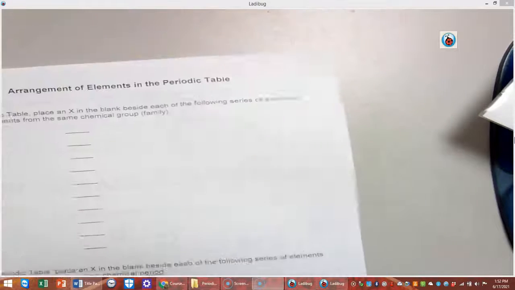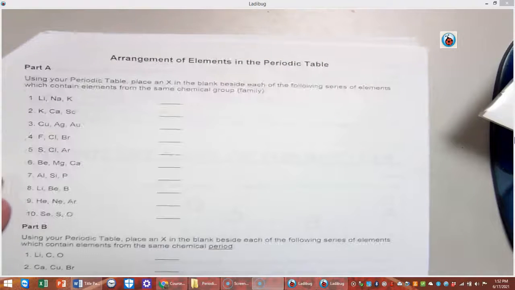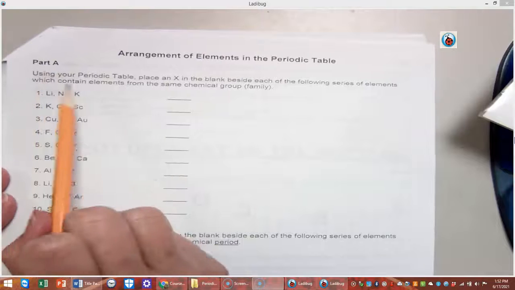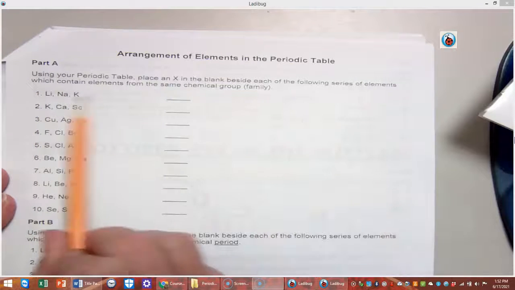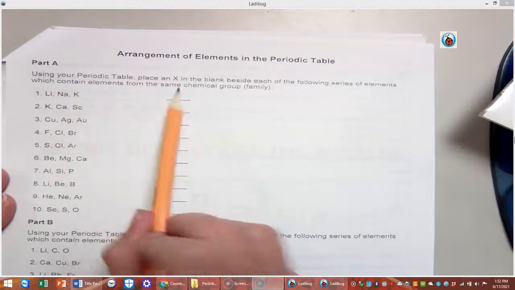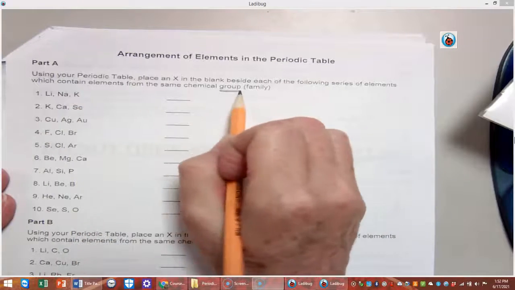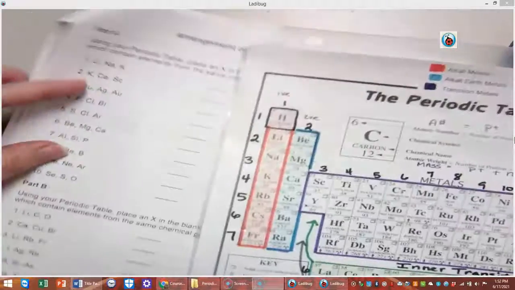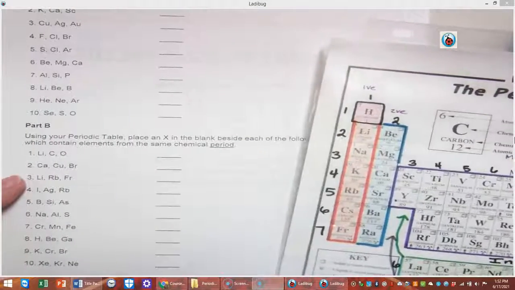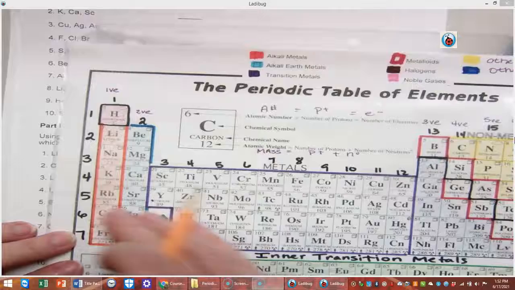When you get over to here, though, it says, using your periodic table, place an X in the blank beside each of the following series of elements, which contain elements in the same group. Remember, groups are going this way. So in the same group, but on part B, this says in the same period, and periods are going left to right.